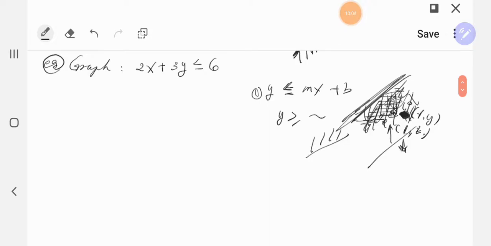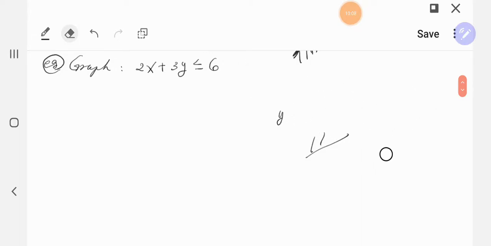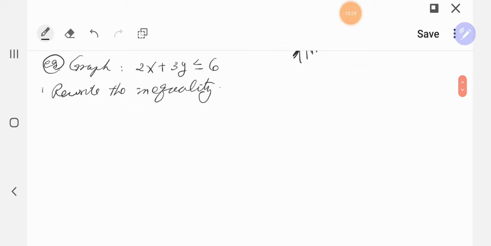So from this, let's rewrite the inequality as y is less than or greater than something. So 2x plus 3y is less than or equal to 6.